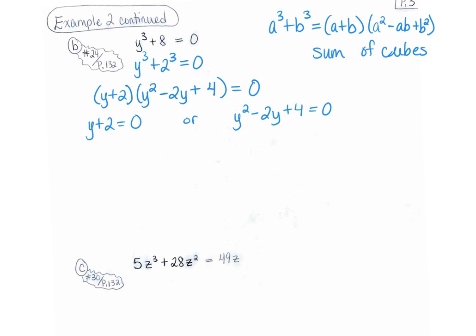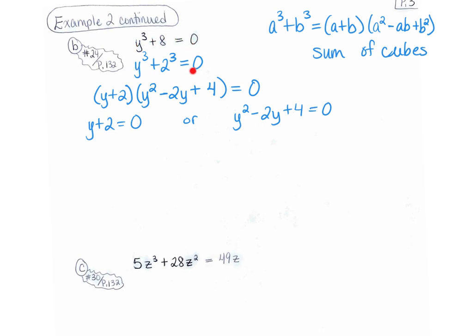Okay? And I'm glad you did that. So we have y plus 2 equals 0, and we have y squared minus 2y plus 4 equals 0. Yes? What's your question? Where did you get the 2 squared from? Is that cube or square? Which line? This is line 1.